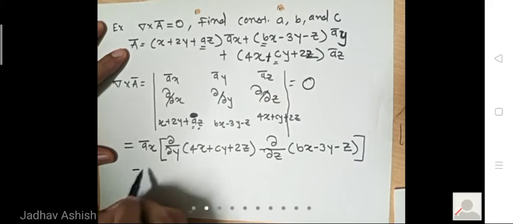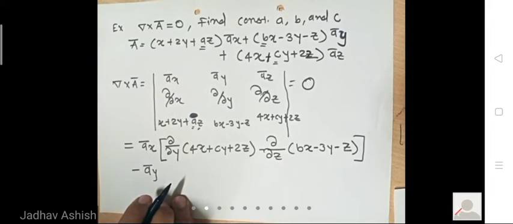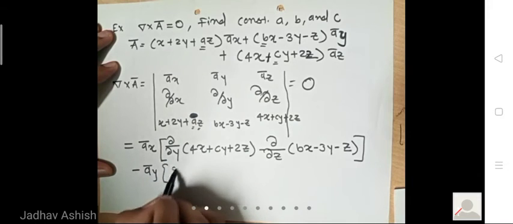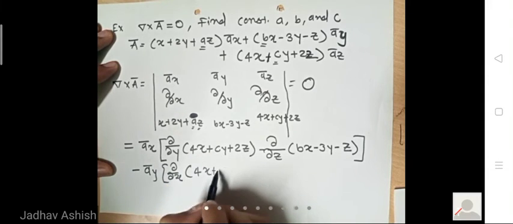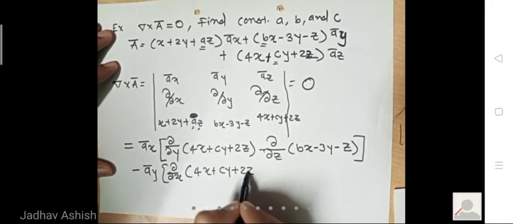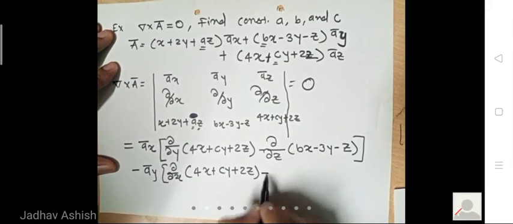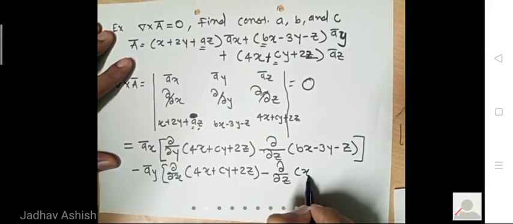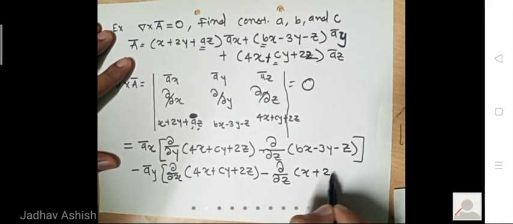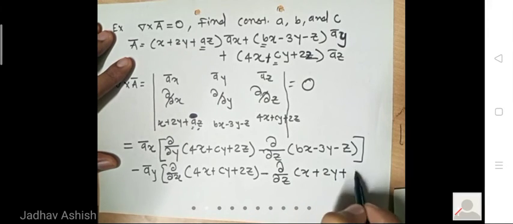So minus a bar y, dou by dou x, 4x plus cy plus 2z minus dou by dou z, x plus 2y plus az.